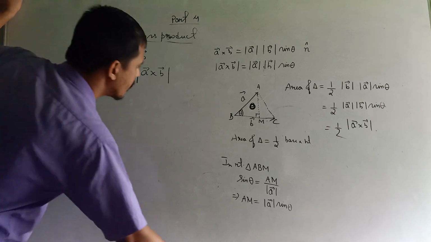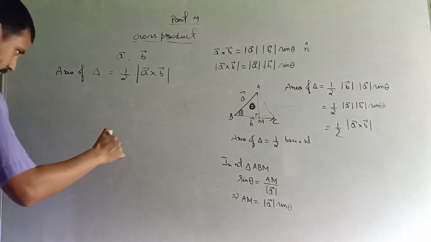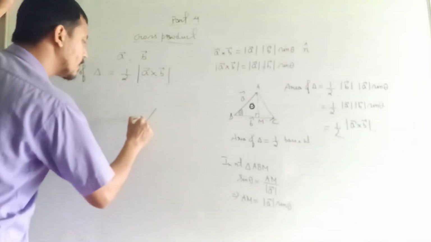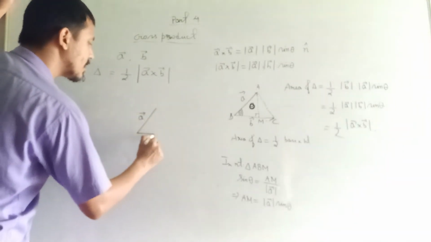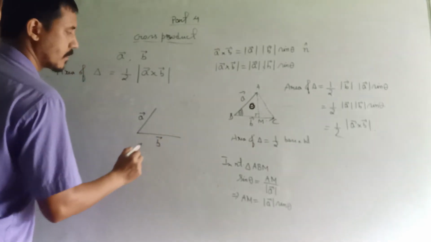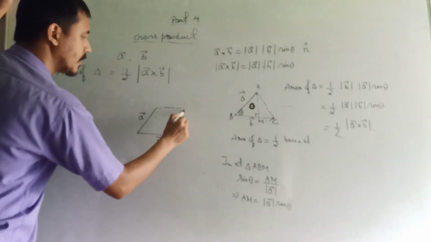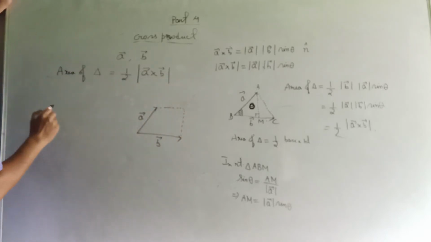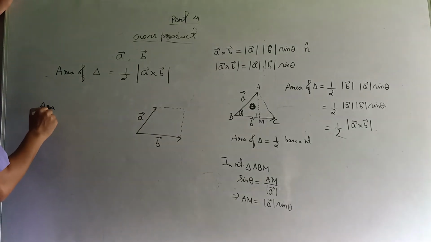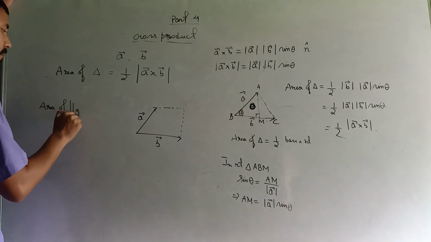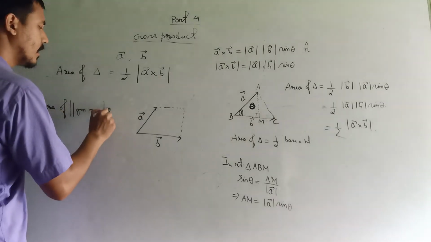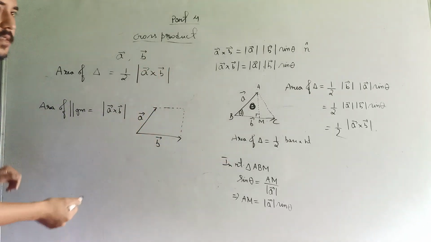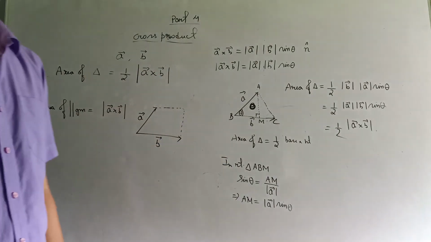Your 8th derived result: suppose you have a parallelogram where vectors A and B represent the two adjacent sides. If you complete the parallelogram, then using the same technique, the area of your parallelogram will simply be given by the magnitude of A cross B. You can prove that using this result also.